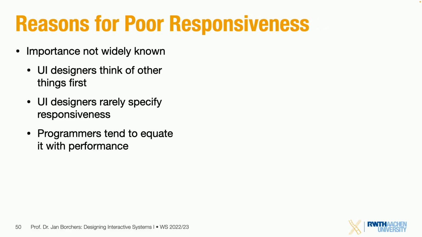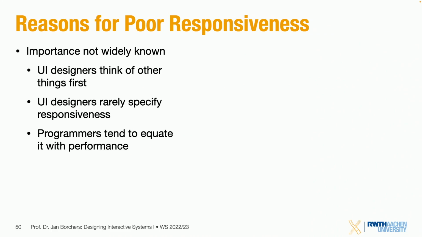So as designers, they rarely specify performance issues and responsiveness, and then programmers tend to think that responsiveness is the same as performance, and it's not. You can be extremely unresponsive on a modern, gigahertz processor system that is fully loaded, and you can have an extremely snappy experience on a system that runs at 1 megahertz.